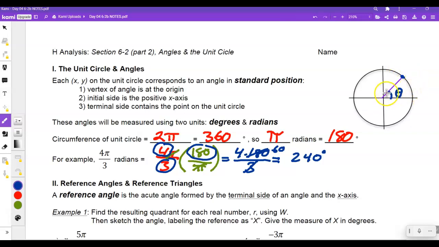Degrees measures this little space right here, and it doesn't matter how big or how small the units are. Usually we're working with 1 for our radii in the unit circle, but for degrees it doesn't matter whether the radius is 1, 2, 3, or 4. That angle doesn't change when you're using degrees.